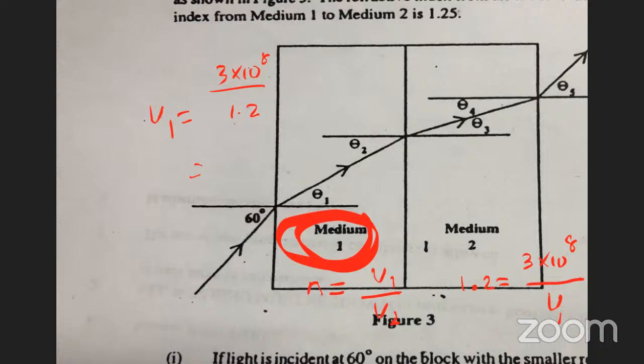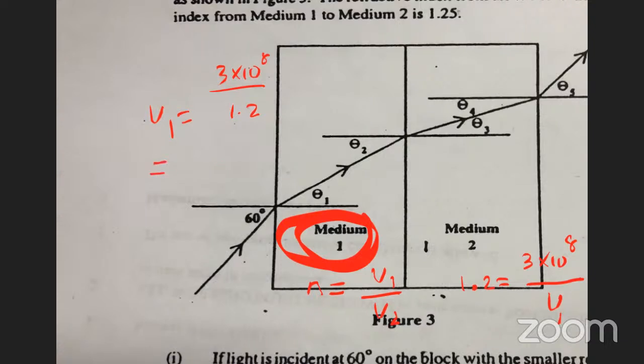What did you all get? What did you get, Neera? Calculator, very good. Just a minute, standard formula. 2.8 by 10 to the 8? 2.5.